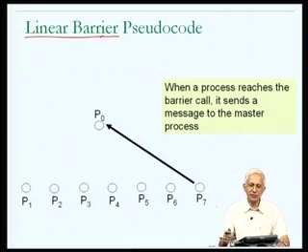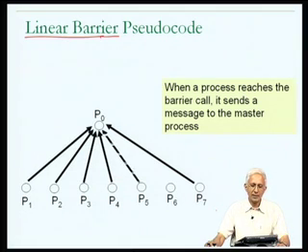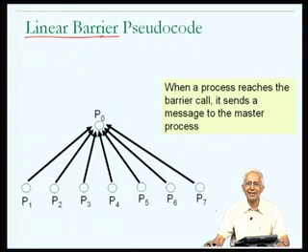So the first process that reaches the barrier sends a message to the master process, then the second, then the third, etc. At some point in time, all 7 processes would have reached the barrier and sent a message to the master process.